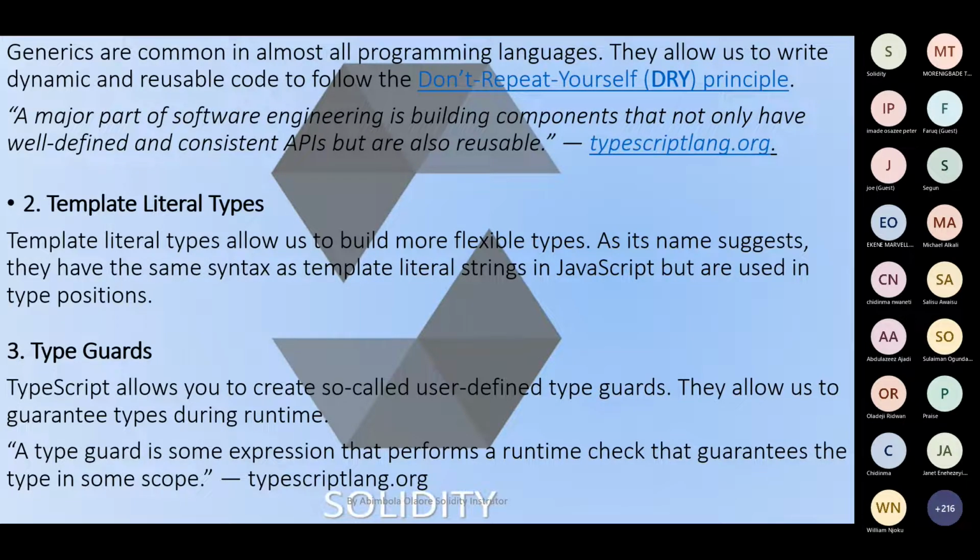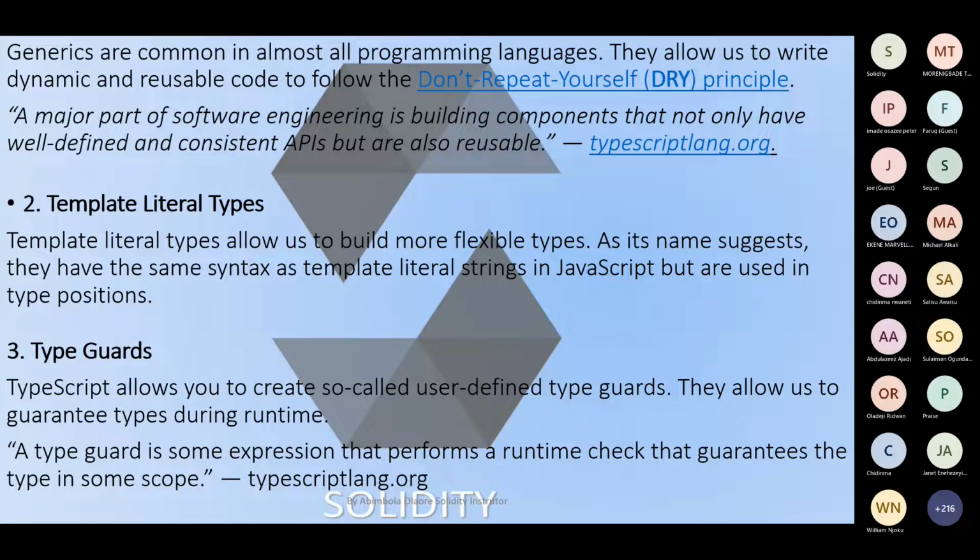Number two is template literal types. Template literal types allow us to build more flexible types, as its name suggests. They have the same syntax as template literal strings in JavaScript, but are used in type position.